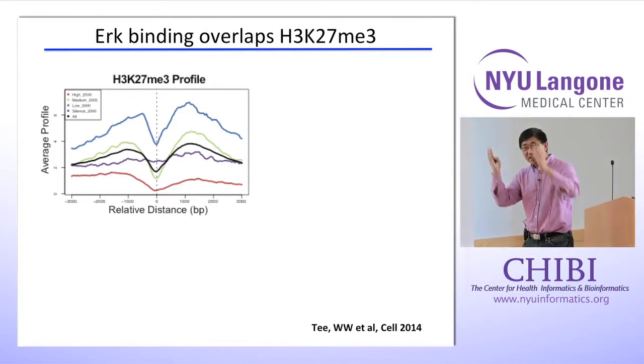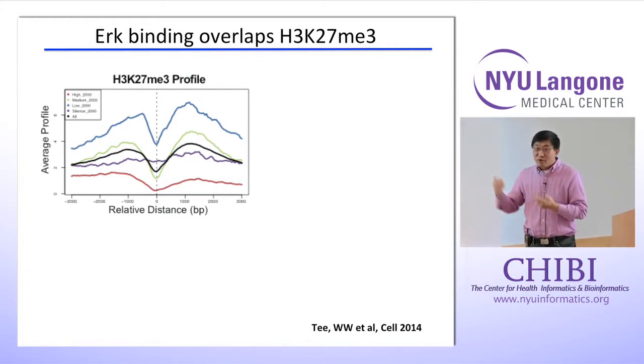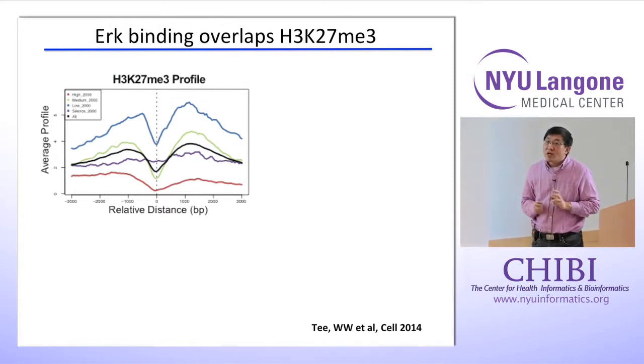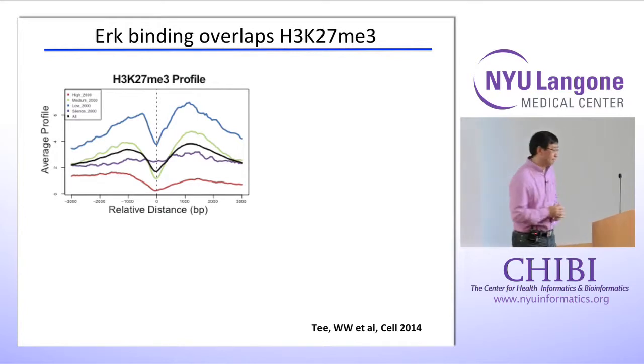In the gene expression profile, some genes have many reads and some genes have very few reads. Those are low expressors. The K27 is really occupied in those low expressors.